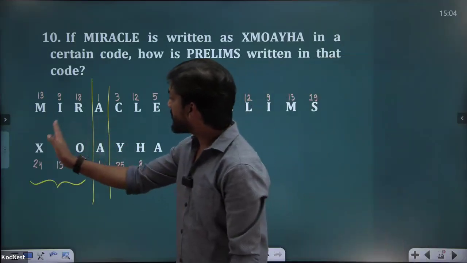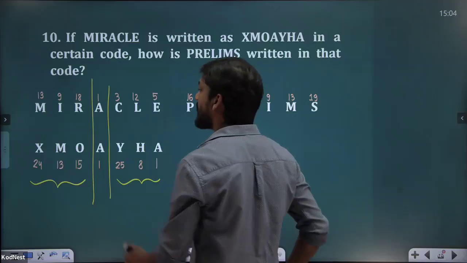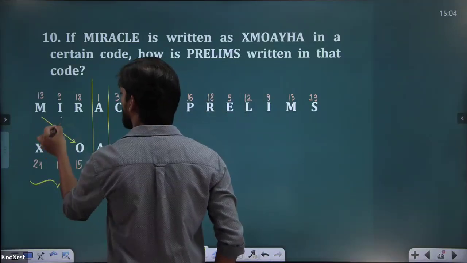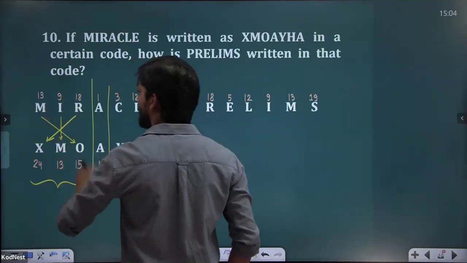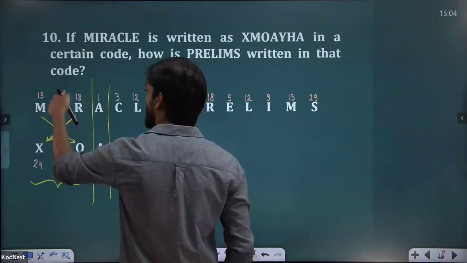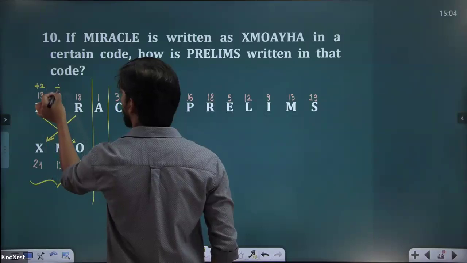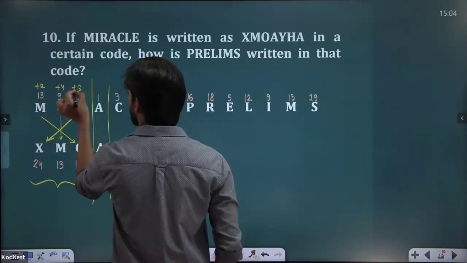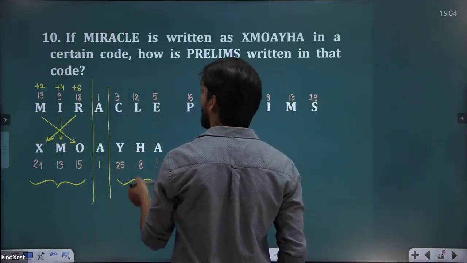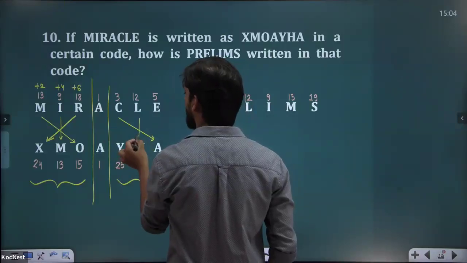So left part if I see separately, right part if I see separately, and I try the reverse pattern, it will come out to be 13 plus 2, 9 plus 4, 18 plus 6. If I come to this part, again try the reverse pattern.